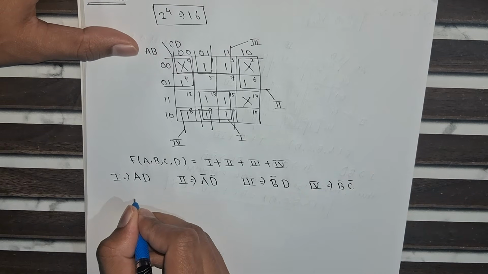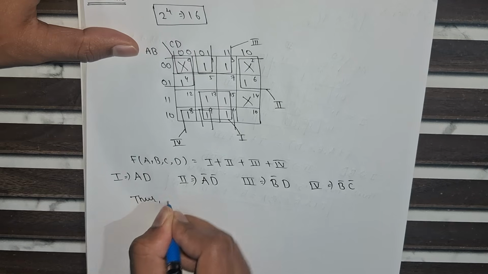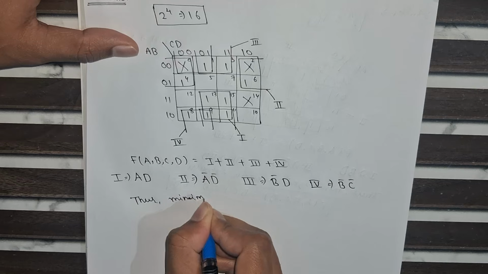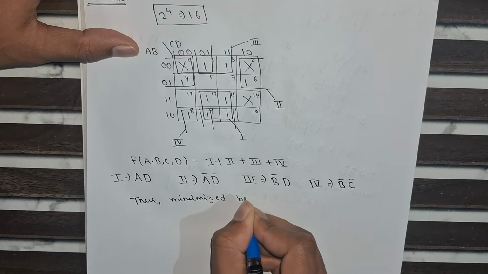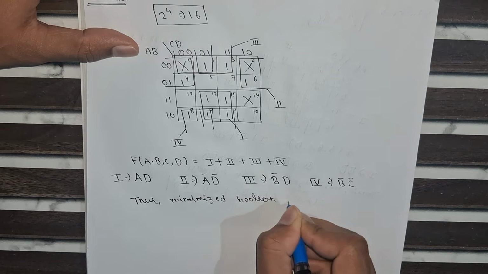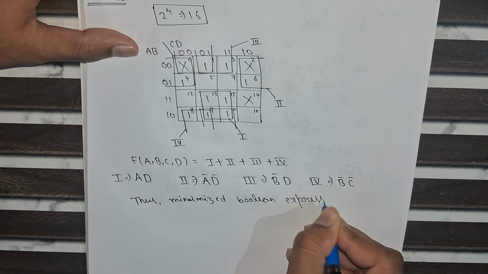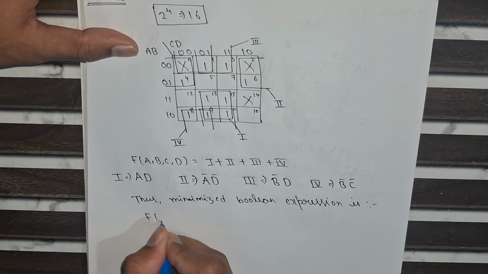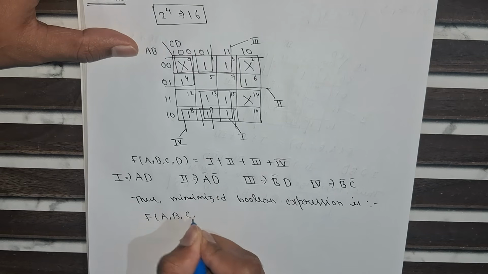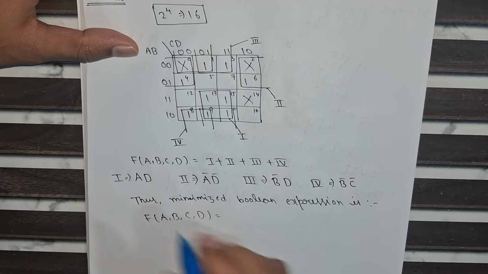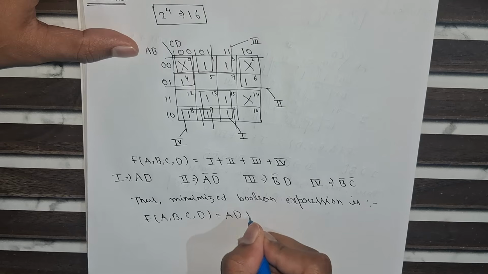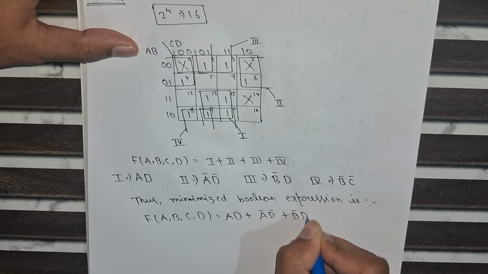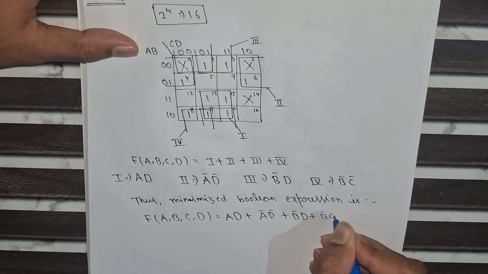So now directly we will write this minimized Boolean expression. f of A, B, C, D is equal to, first group AD plus A bar D bar plus B bar D plus B bar C bar.